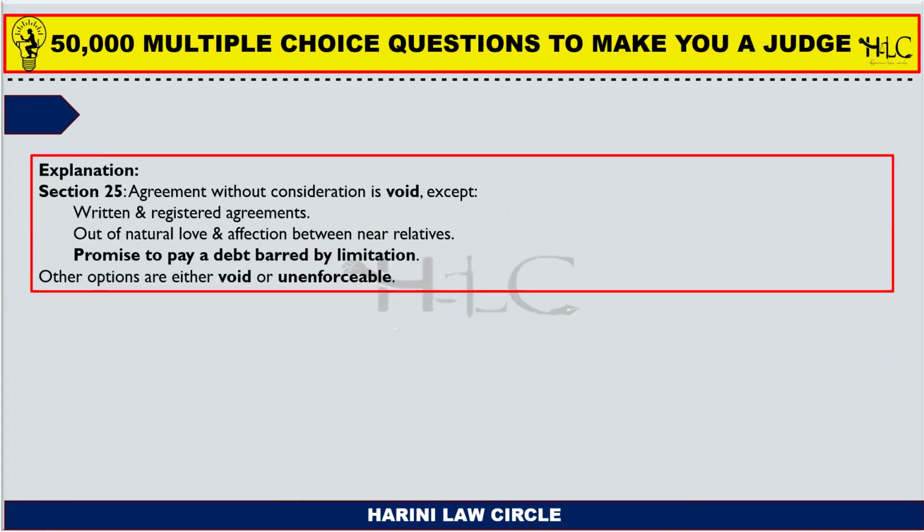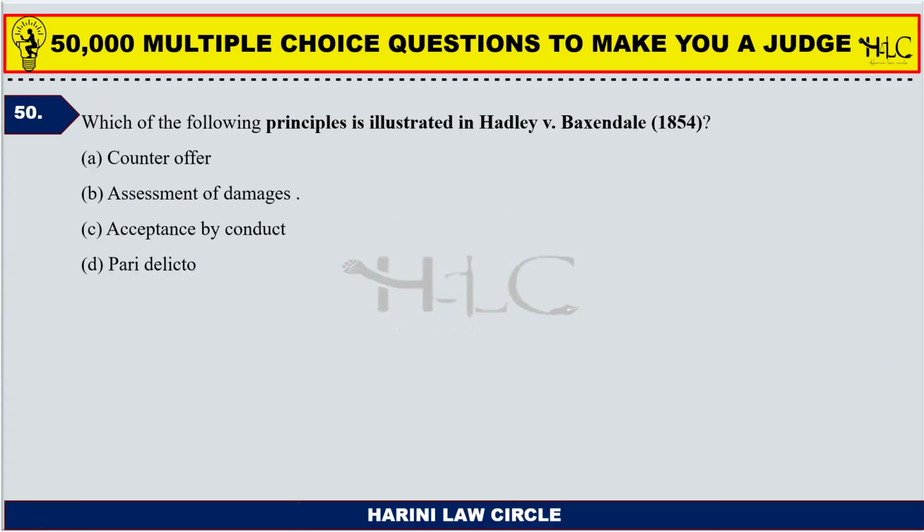Moving ahead to the last question of our series. Question number 50 on your screen. Which of the following principles is related in Hadley versus Baxendale, 1854? So we have various principles like the Carlill versus Carbolic Smoke Ball Company, Hyde case, Hadley versus Baxendale.